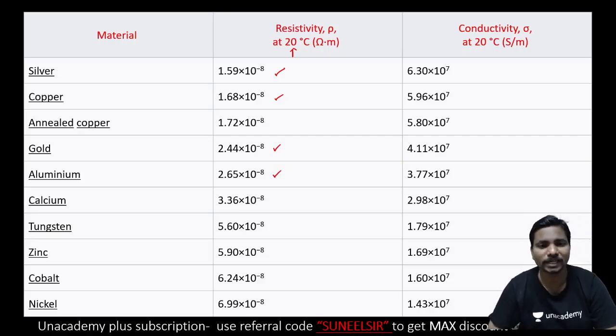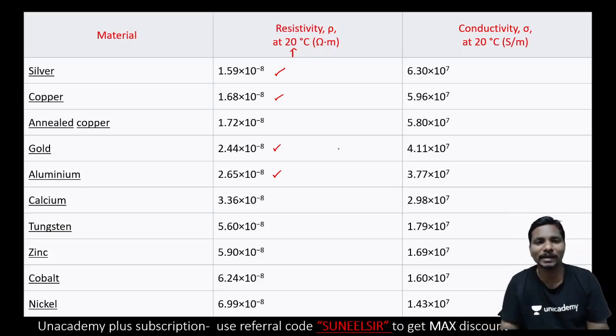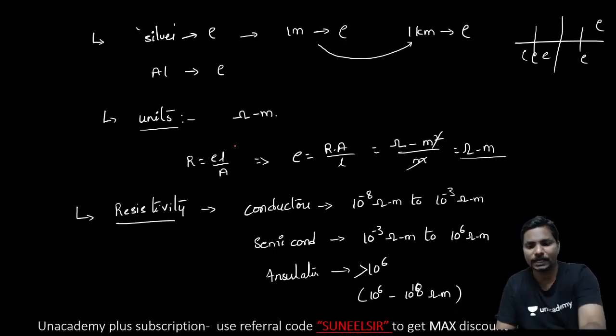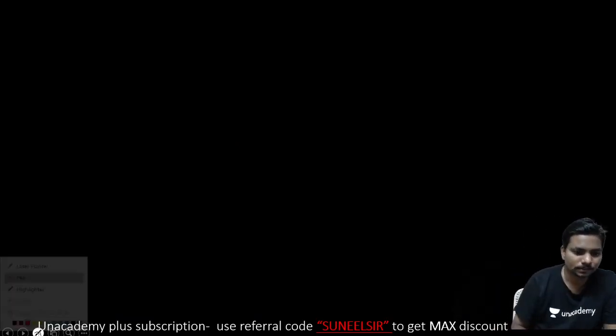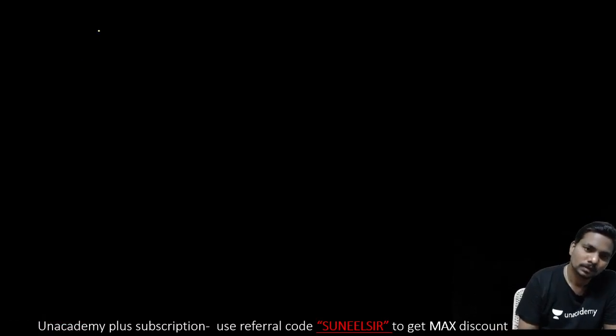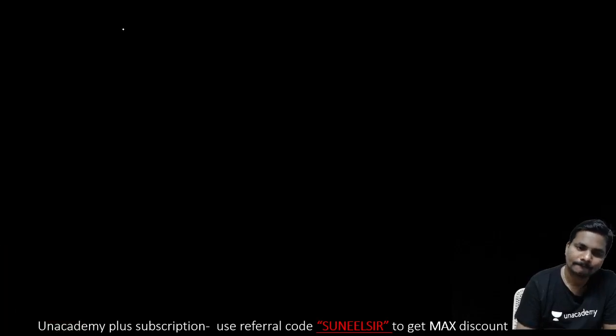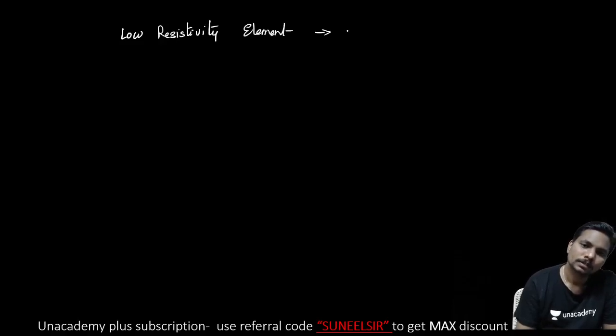So you can say the low resistivity element, very, very important, is silver.